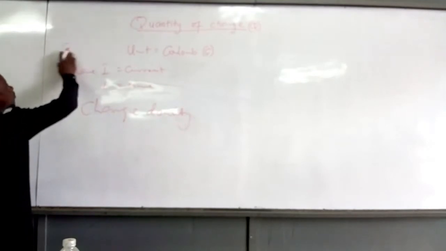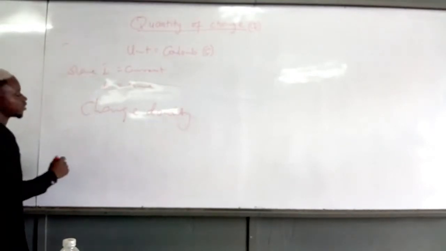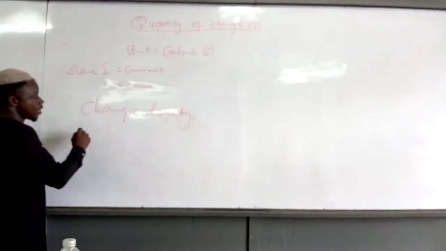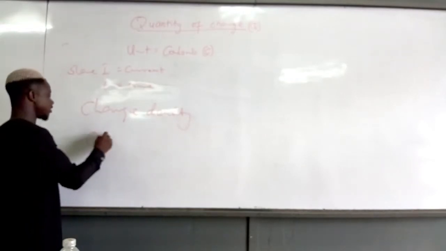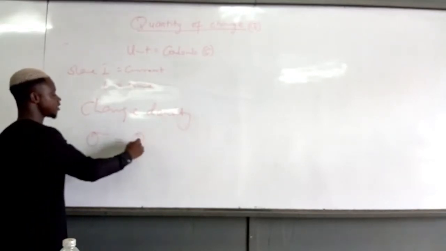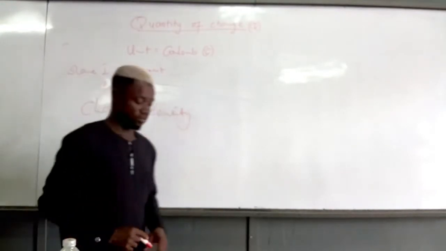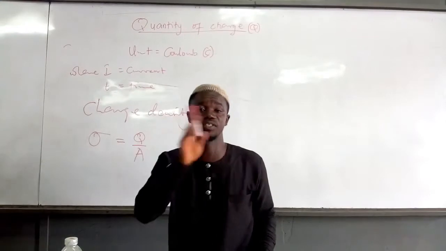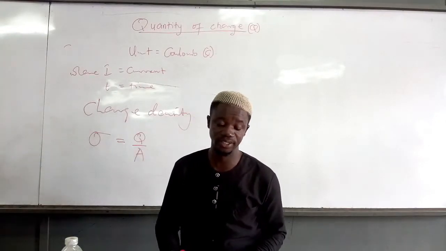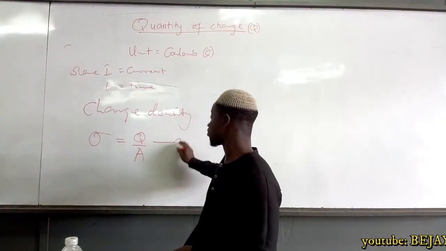Now, the charge density is given by the quantity of charge per unit surface area of the charge. That's what we mean by charge density. Take note of this equation too.